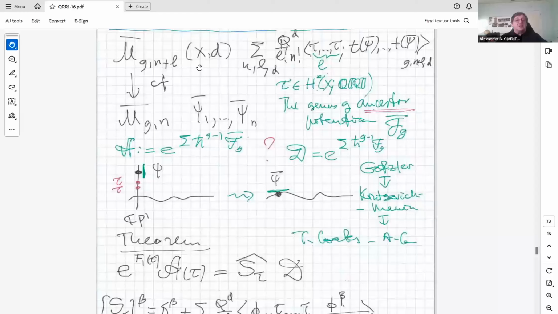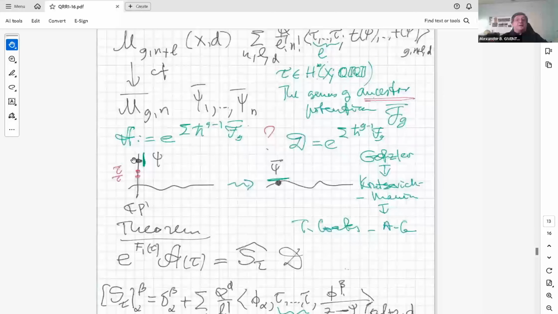Suppose this is a marked point on which some psi class lives; this green line is the cotangent line to the curve at that marked point, and psi is the first Chern class of the line bundle formed by such lines. But if your curve is irreducible of genus g, then if you forget the map to X, your curve will still be a stable curve, and psi bar will be the first Chern class of the line bundle with the same fiber.